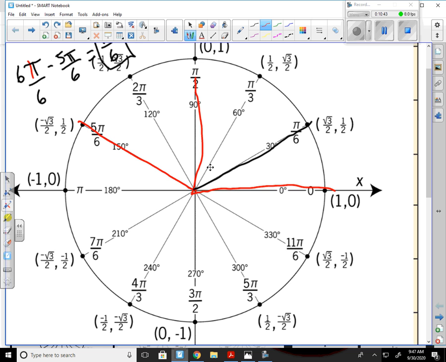Pi over 3, oh, I'll put up a better unit circle because we need a pi over 4 in here too that they left out. But that one's fairly easy. It's root 2 over 2 and root 2 over 2. If you memorize the first quadrant with reference angles, that's the whole point.